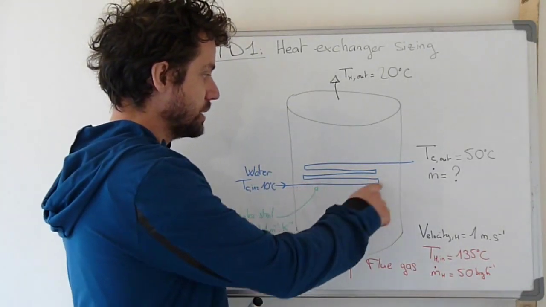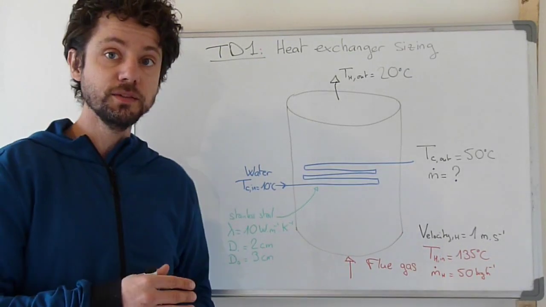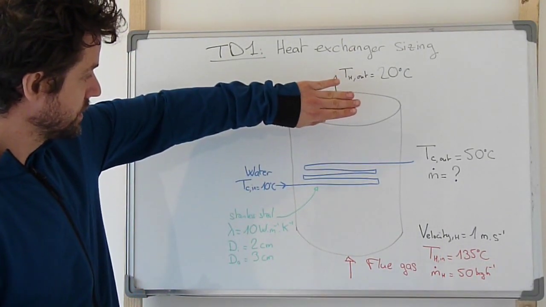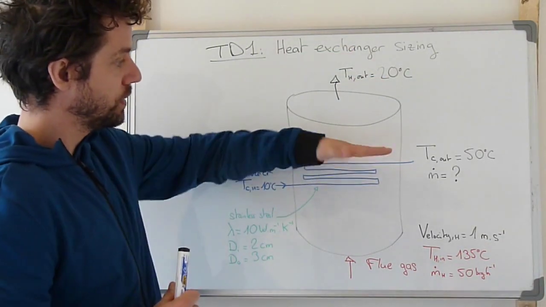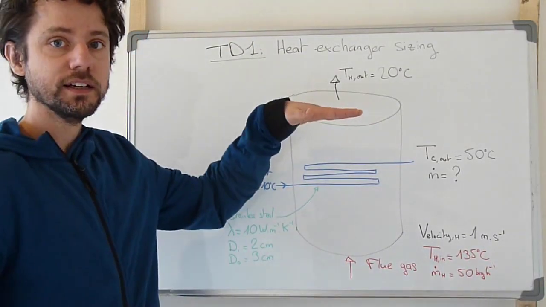It is schematically represented this way, but it's not properly represented, because you need to imagine that the different turns of the water pipe are all in one plane that is perpendicular to the flow of flue gases.